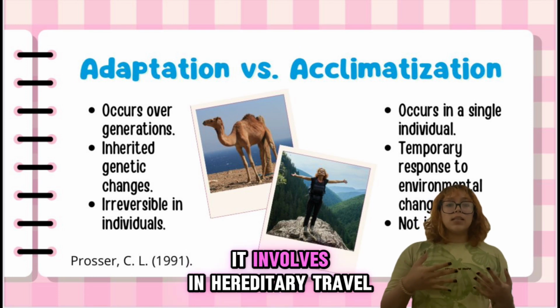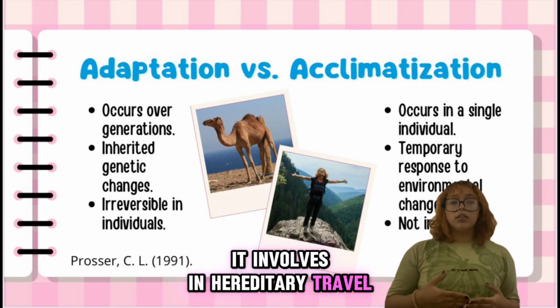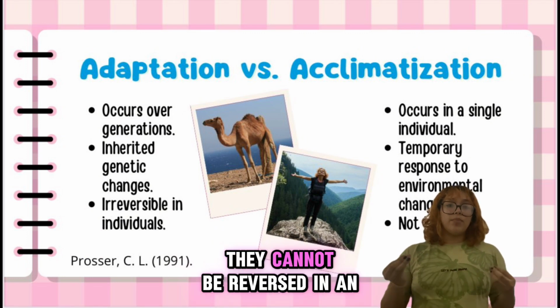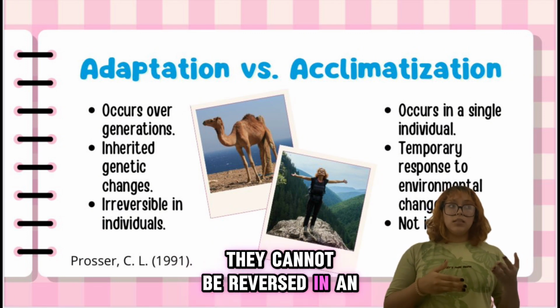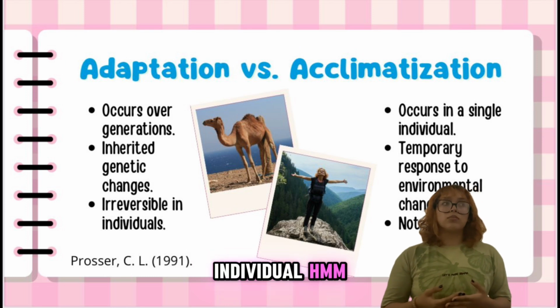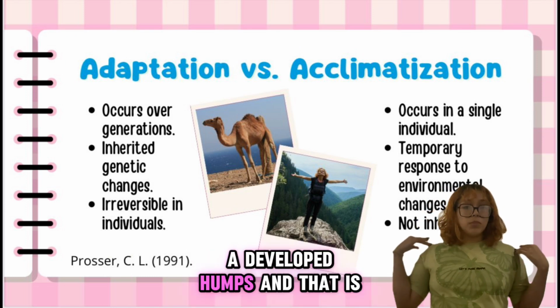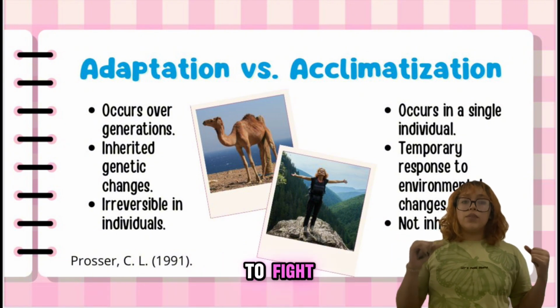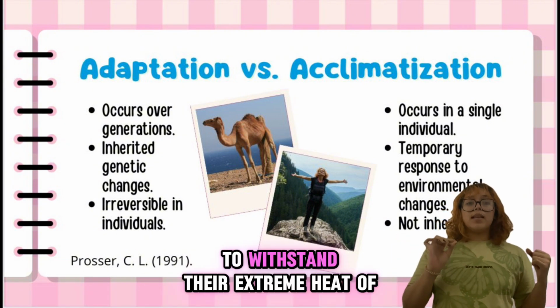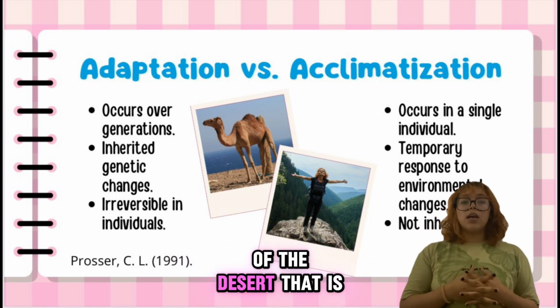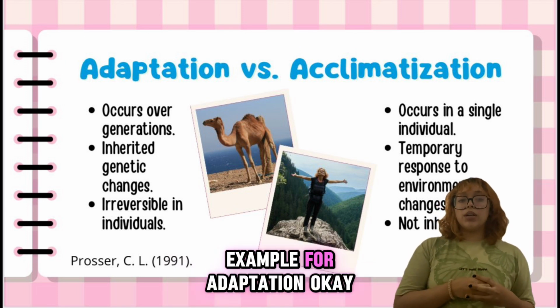It involves inheritable genetic change, and once it occurs, it cannot be reversed in an individual. One example of this is that camels have developed humps that store fat to withstand the extreme heat of the desert. That is an example of adaptation.